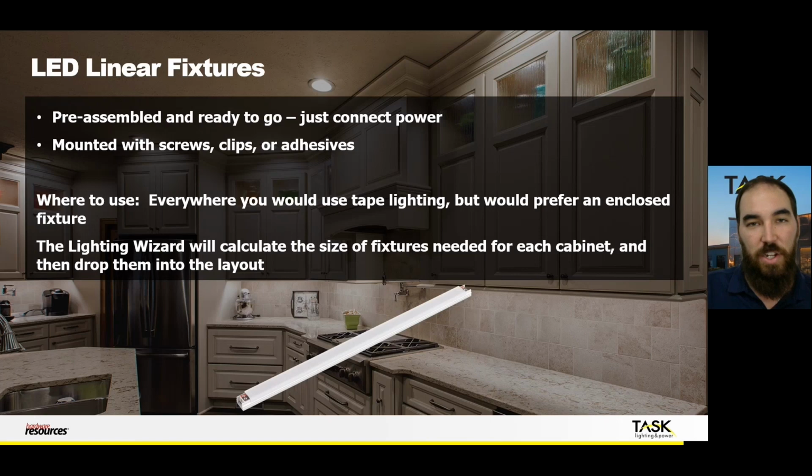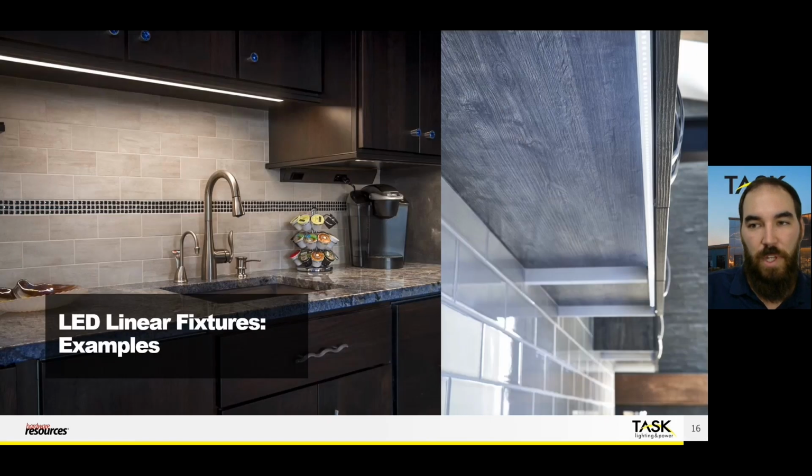You put a layout in there, you drop the fixtures into it, and you just see that they snap into place, making it really easy to comprehend. If you know your cabinet sizes, you know roughly your fixture sizes that go along with it. So that's the idea behind linear fixtures: added simplicity. It takes another bit of work off of you as the designer, you and your installers.